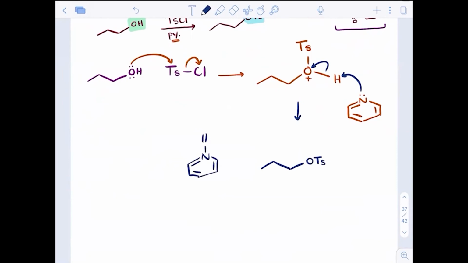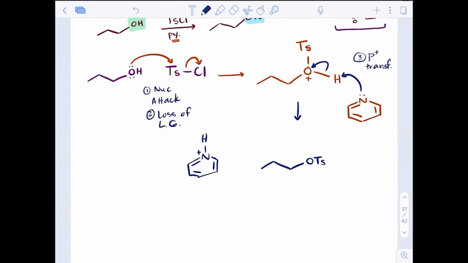You do not need to draw that. I just wanted to draw both the product and the conjugate acid of that final acid base step. So we have a nuke attack with a loss of leaving group, followed by step number 3 overall here, or curved arrow pattern number 3, proton transfer.